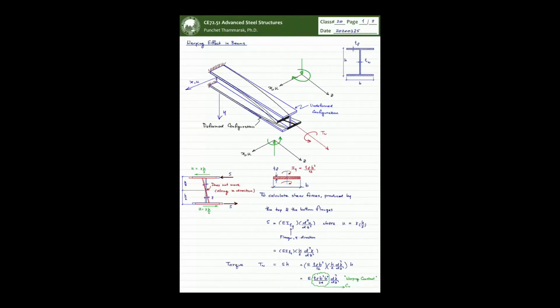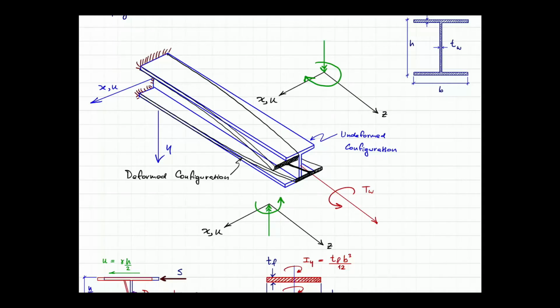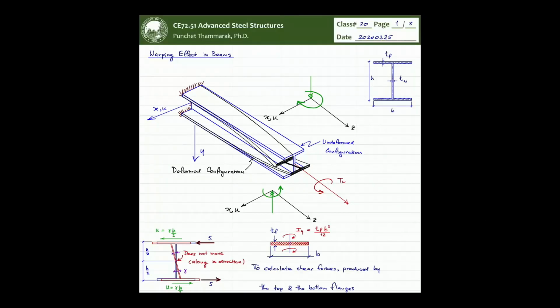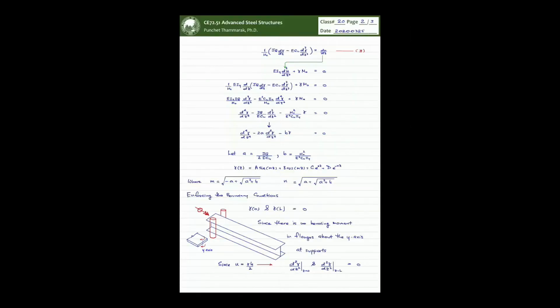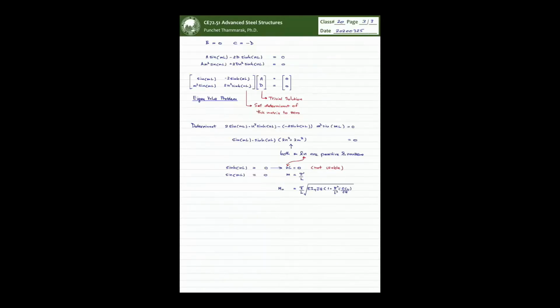As we have the torsion, the warping is going to happen if you are not dealing with the pipe or tube cross section, just like what I explained in the last class. So warping was incorporated. I showed you the equations and derivations in order to integrate the warping into the equation that controls the lateral torsional buckling.